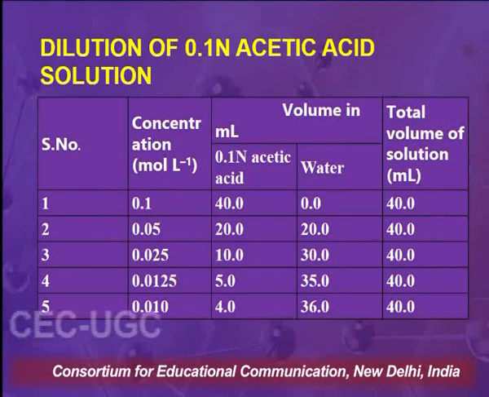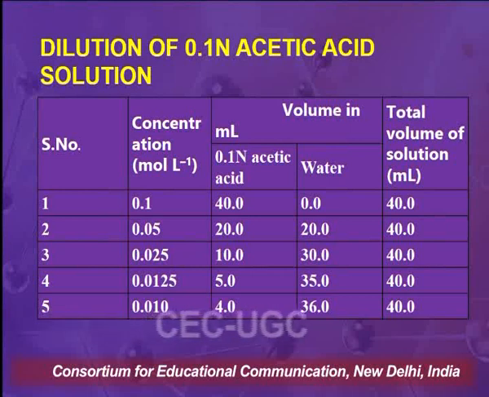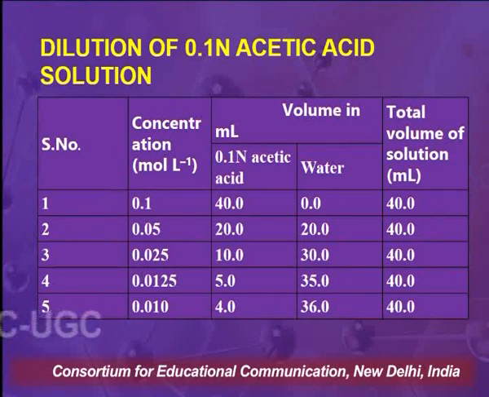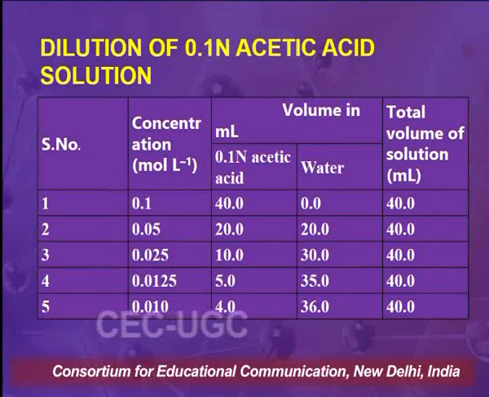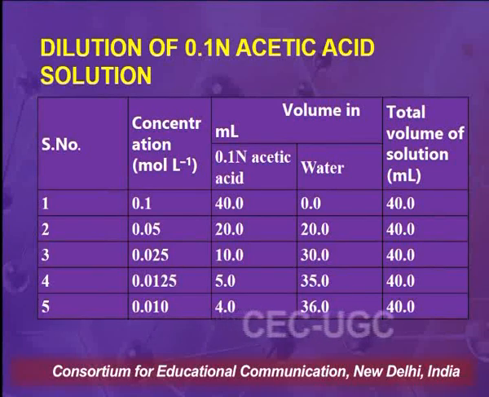Dilution of the 0.1 normal acetic acid solution is done according to this table. Take 20 ml of 0.1 normal acetic acid solution, add 20 ml of water to make 0.05 normal acetic acid solution.